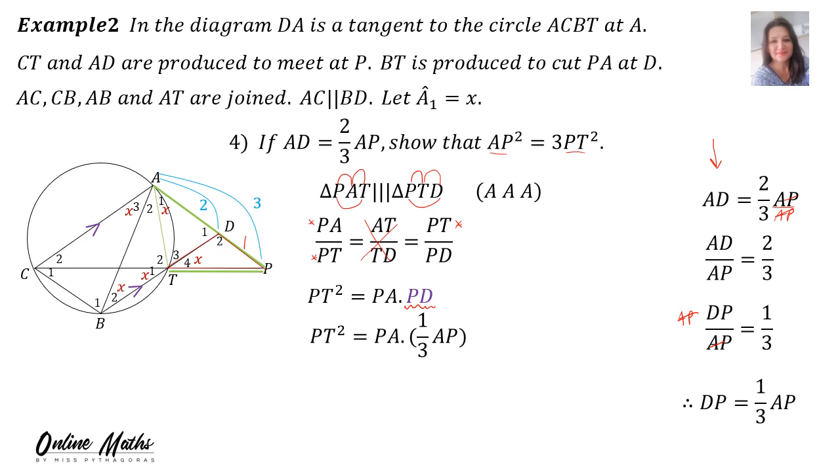And then we can say PA times AP, it's the same thing, is AP squared. And then to get rid of the third, we multiply both sides by 3. And therefore, 3PT squared is equal to AP squared.